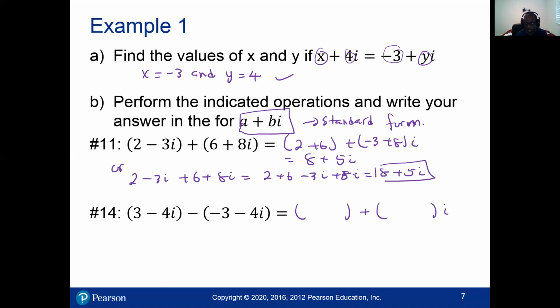This is minus minus, so then this is 3 plus 3, because negative will make that positive. And then also we have minus 4, and minus times minus is positive, plus 4. And so this gives us 6 plus 0i, which is the same as 6.